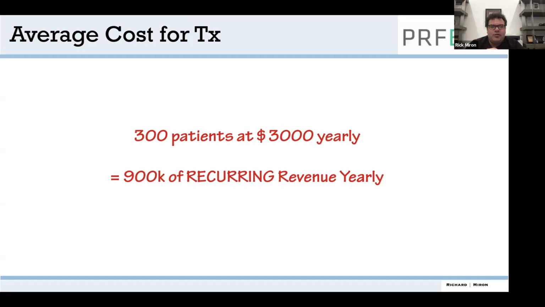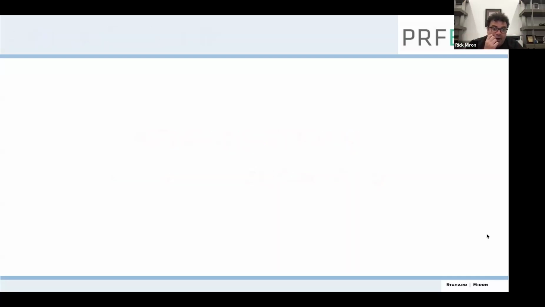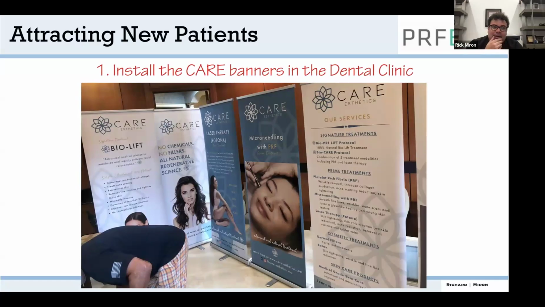But in the aesthetic world, if I find 300 patients that are doing Botox and Pure F and lasers, they're doing that every year. So once I find those 300 patients, as long as I keep them happy year after year, my job's done. I just got to keep serving the exact same 300 patients and keep them very, very happy. So it's very, very profitable in that space.